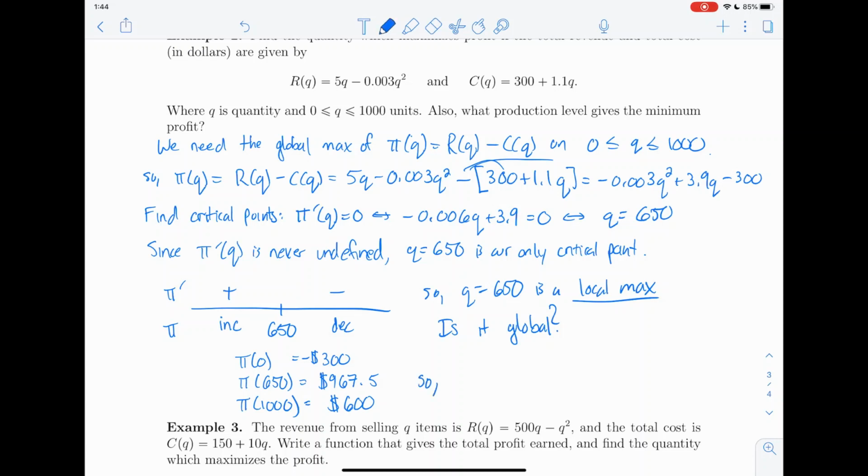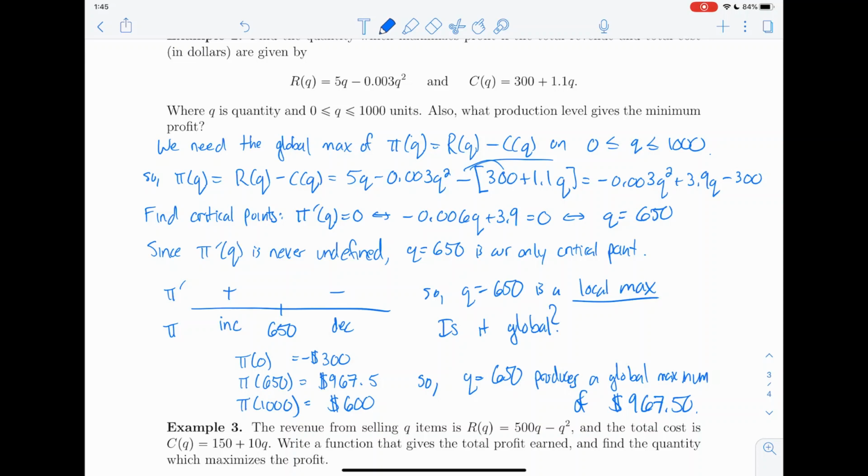So what we find here is that q equals 650 units produces a global maximum of $967.50.